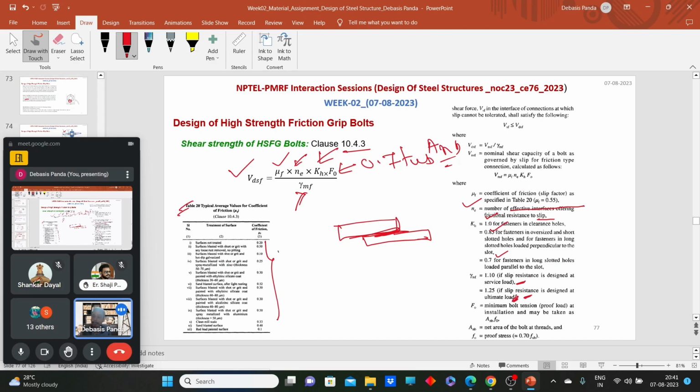Now, for ultimate load, I am considering that until the load reaches the ultimate strength of the bolt, no slip will occur. That means slip resistance design. For this kind of design, we need to consider the factor of safety 1.25. So now we have all the data by which we can calculate the shear capacity of a high strength frictional grip bolt.